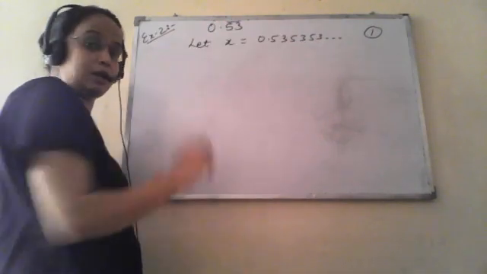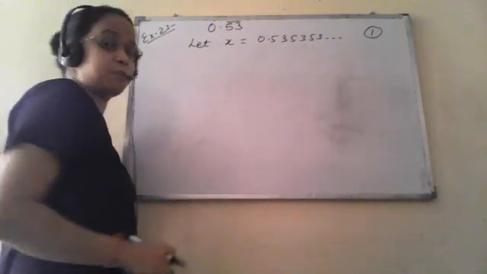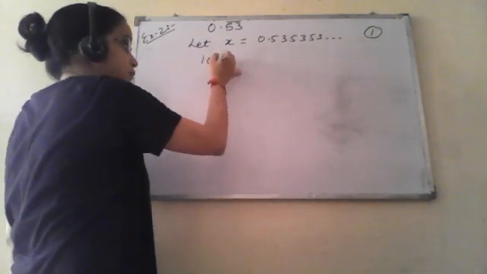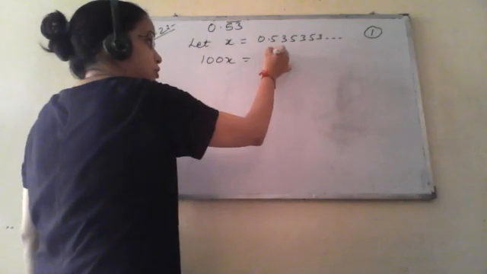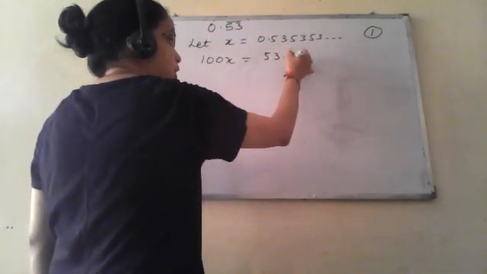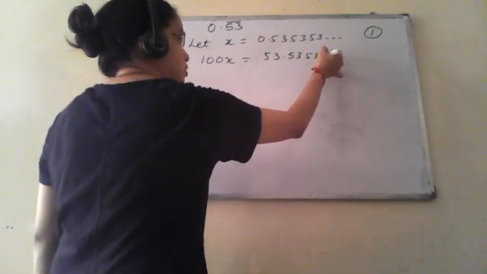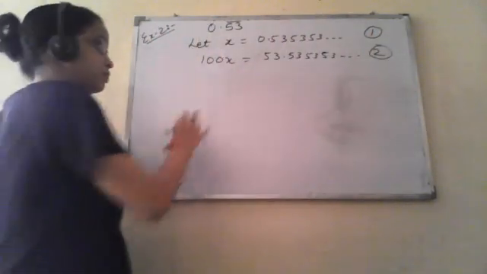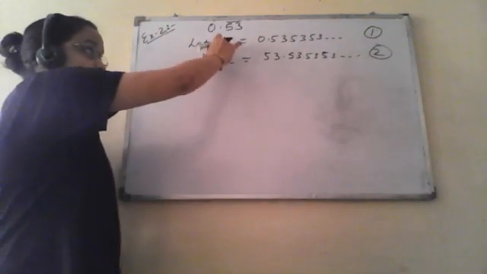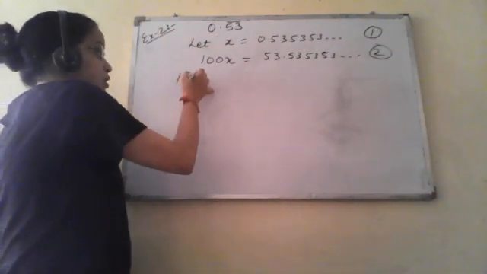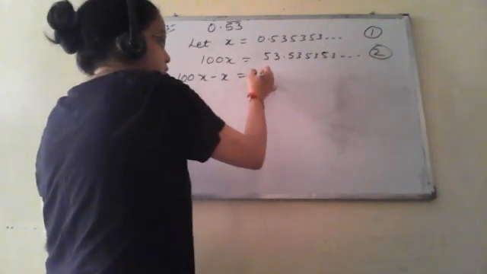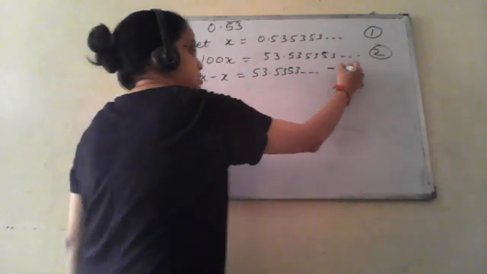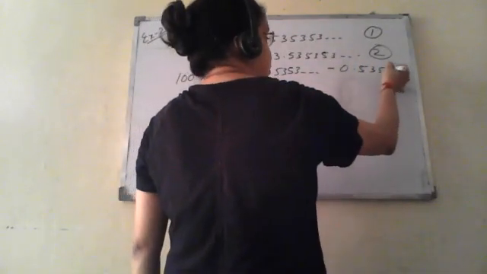Now there are two repeating digits, so we will multiply by 100. So this will become 100x, and this will become 53.535353 and so on. So this is equation number 2. Now we will subtract the first equation from the second. So it will become 100x minus x, which is 53.5353 minus 0.5353.